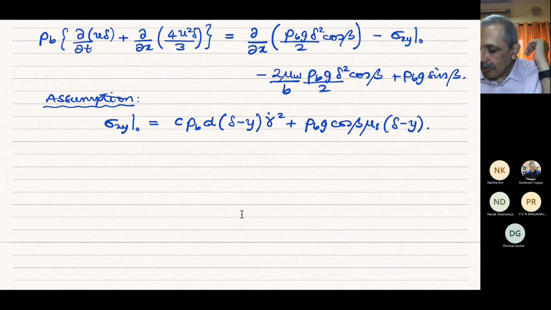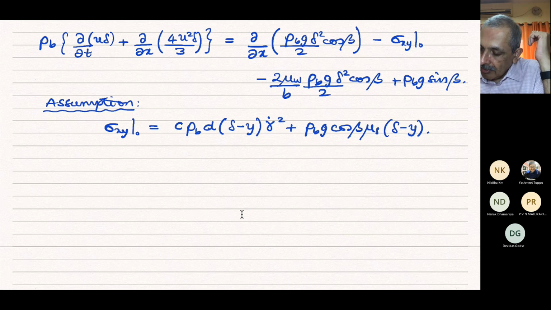So we have a linearly increasing shear stress in this as expected, and one term is proportional to the velocity gradient squared.